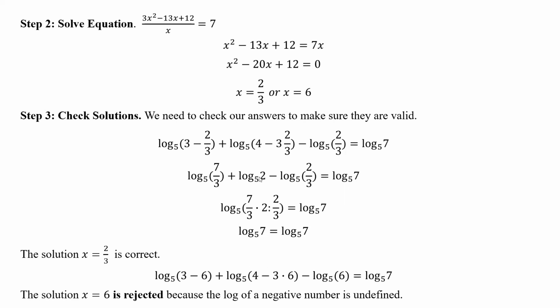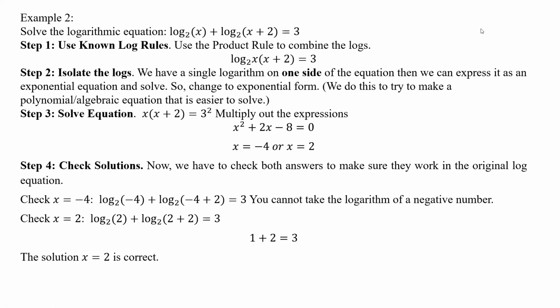And by checking the next solution in a similar way to the first case, we can show that this solution is rejected because the logarithm of a negative number is undefined. So the solution of the given logarithmic equation is equal to 2/3.